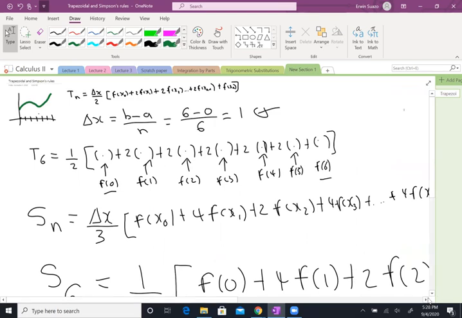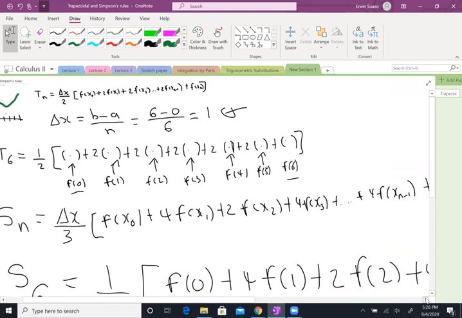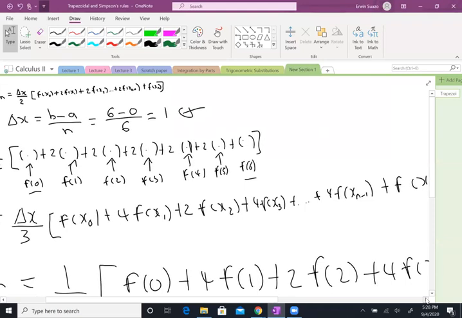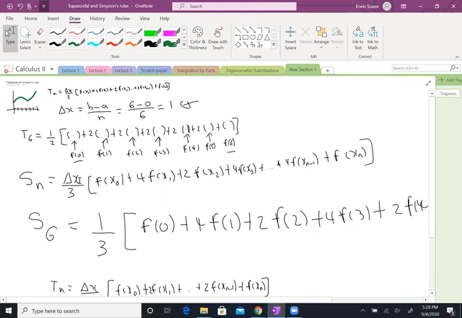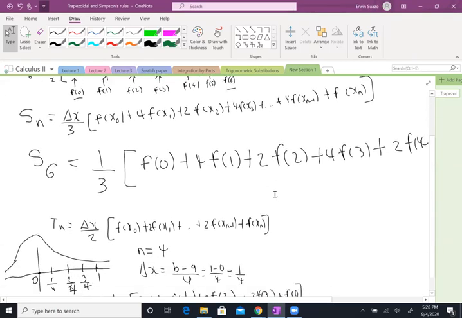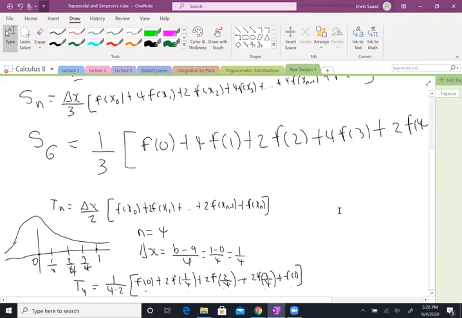Simpson's says delta x, which is 1/4, and then 3 on the bottom, and then f of 0 plus 4 f of 1/4 plus 2 f of 2/4 plus 4 f of 3/4, and then f of 1. Okay, so for Simpson, I'll obtain the following.